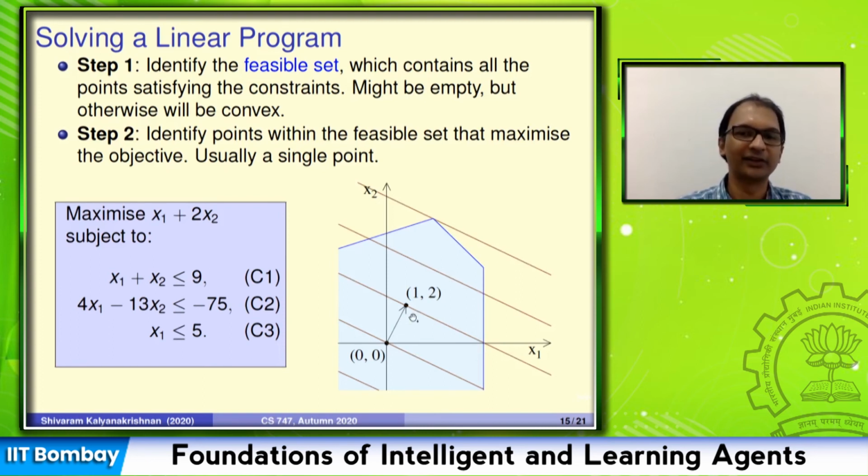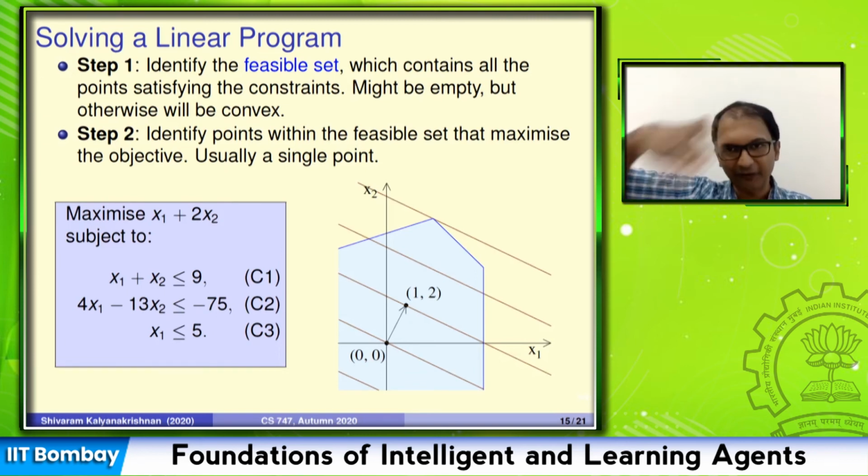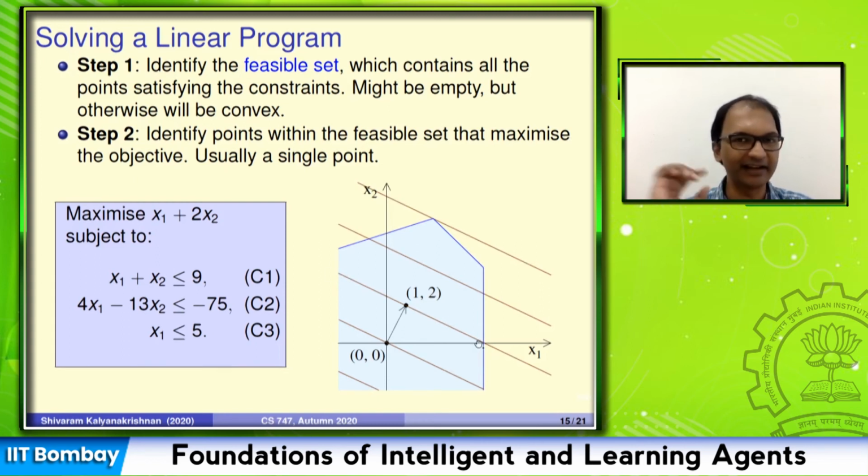Now, you take any line, or in general hyperplane in higher dimensions, that is perpendicular to this vector 1, 2. That is the set of all points that have the same value of the objective function. So for example, the claim is every point on this line over here has the same value of the objective function.